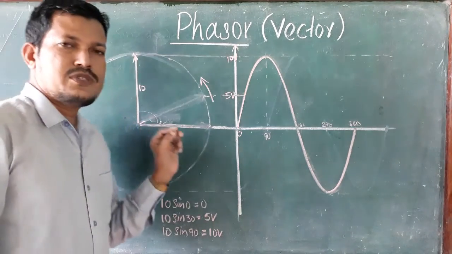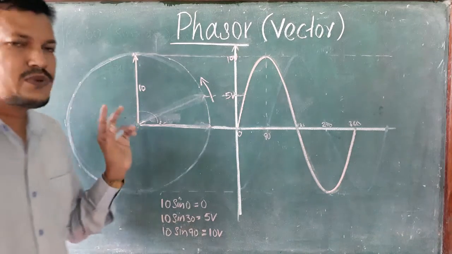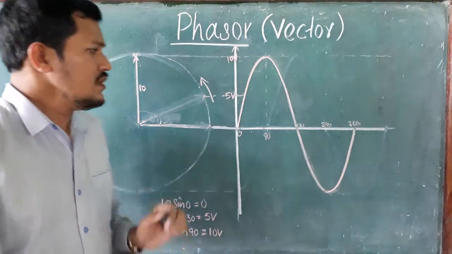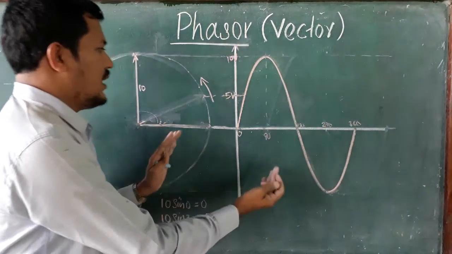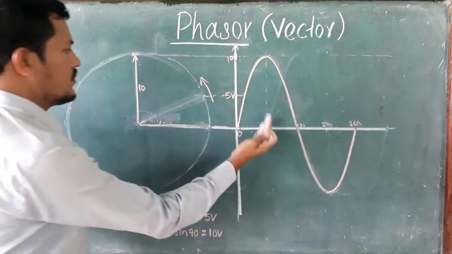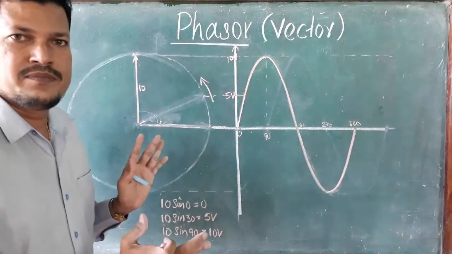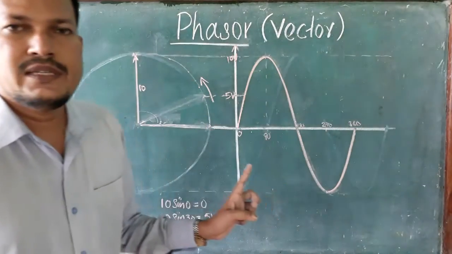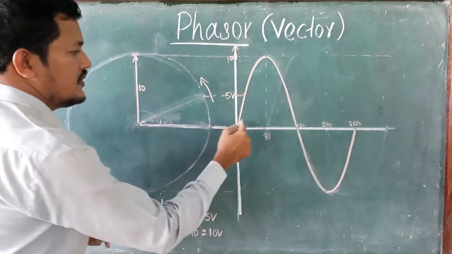Next question is why there is a need for phasors. Phasors are needed to calculate multiple alternating quantities. Suppose we have more than one alternating quantity; we have to convert them into phasors, and only then can we calculate. Otherwise it is very difficult to calculate by the graphical method. So for easy calculation we make the phasor conversion.